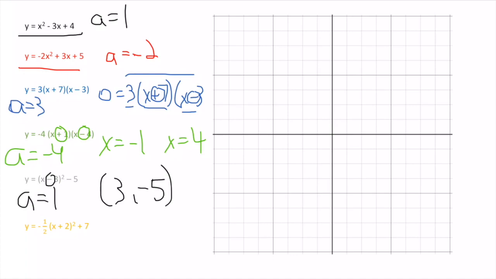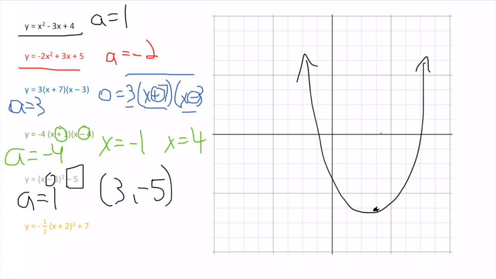So my vertex here is actually at positive 3 and negative 5. So this one stays the same, but my x value has to change. So x is positive 3 and y is negative 5. And from the a value, this opens up. So it looks something like that.